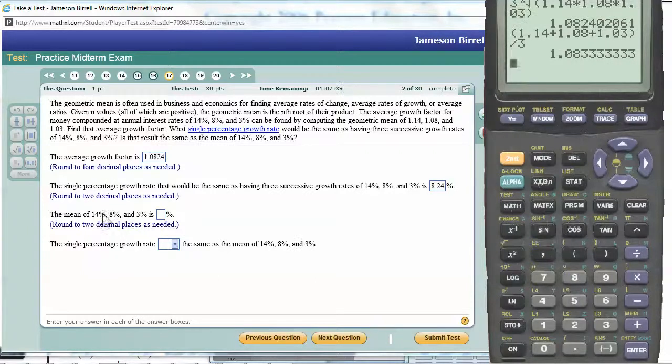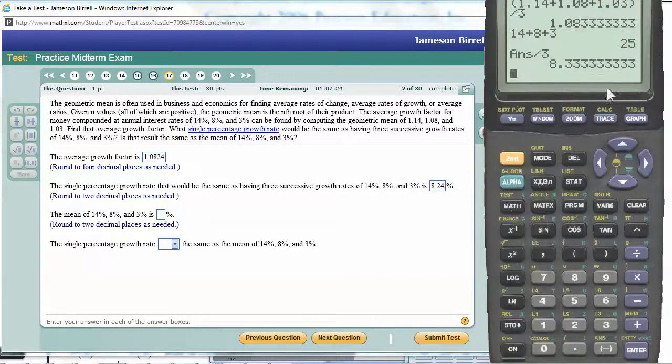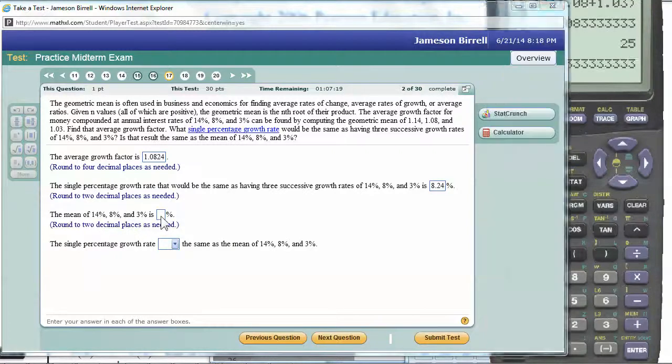I was just trying to find an arithmetic mean of 14, 8, and 3 and see if it's different. So I'm just considering the percentages there. Okay, so anyway, 8.33, and I'll go to 2 decimals so they can be compared to the same level of accuracy. The single percentage growth rate, is it the same or different? It is not the same, it's different.